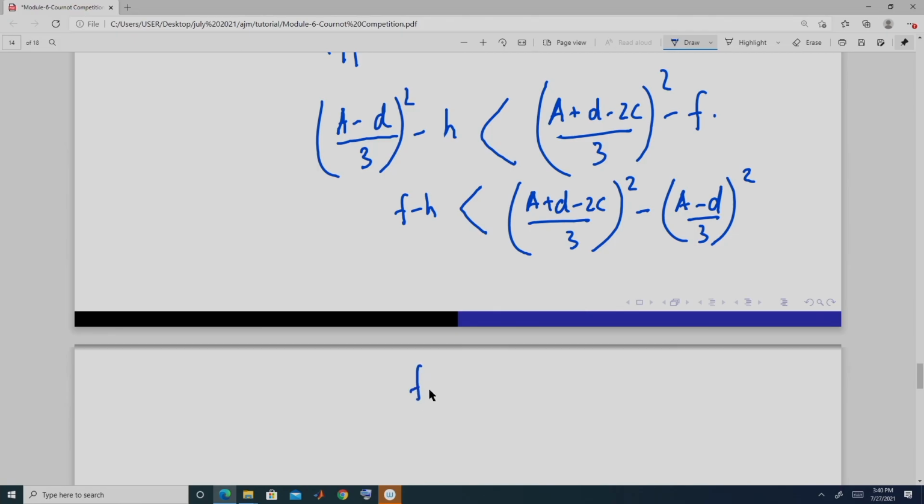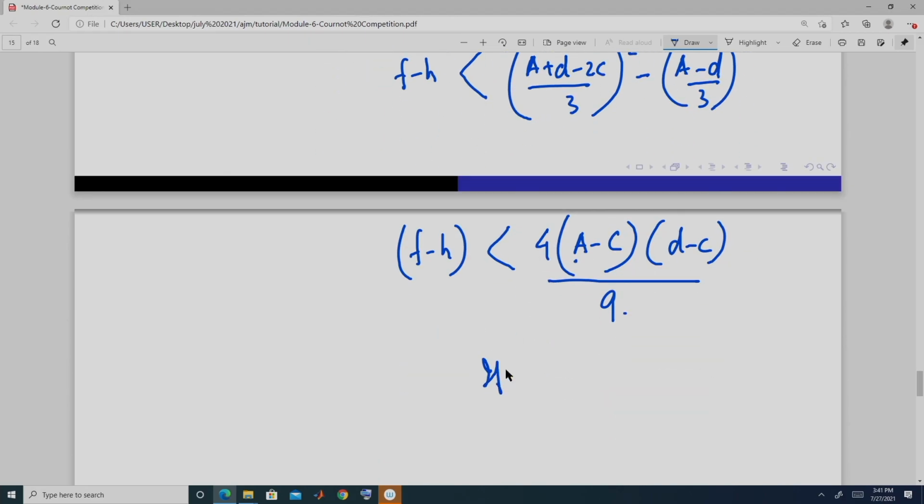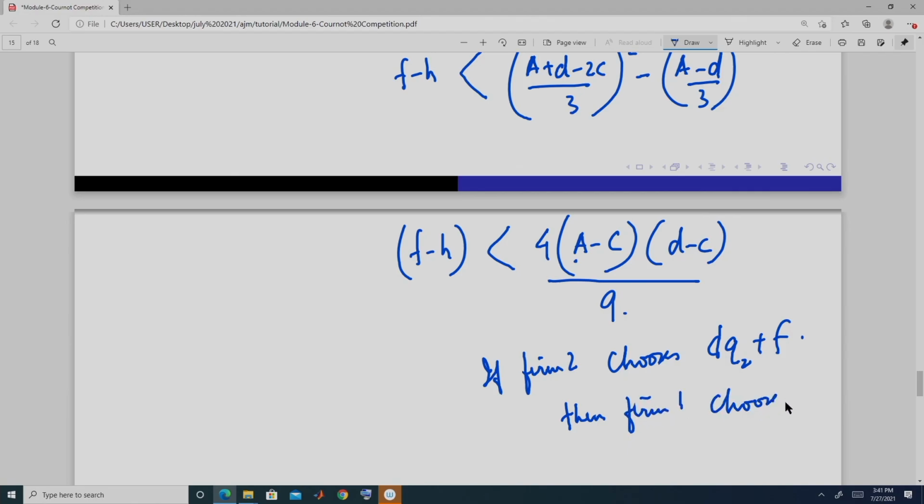So, again this means it should lie here. So, if this is the case, then if firm 2 chooses this cost function, then firm 1 chooses, it has to be H, this cost function.